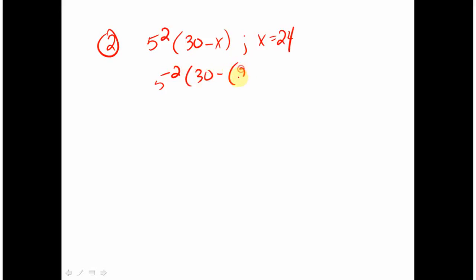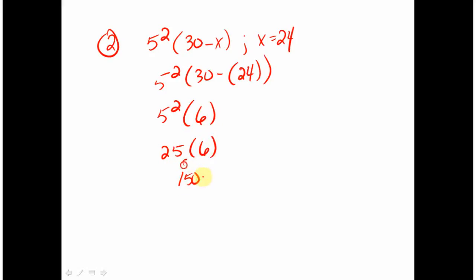We substitute in 24 for the variable. Notice I put parentheses around it, and I kept the big parentheses. Then we follow the order of operations. So we work in the parentheses first. We end up with 6 in there. Now we take care of the exponents. 5 squared is 25, and we multiply to get a total of 150 for our answer.